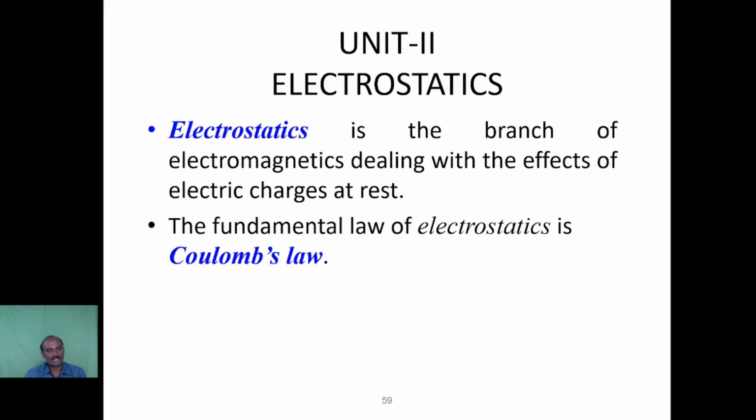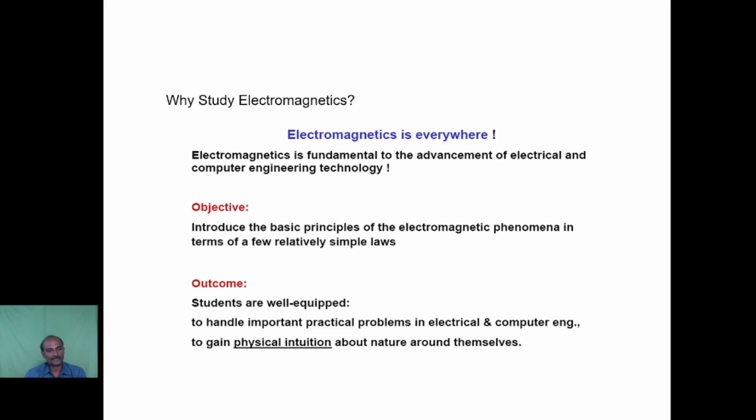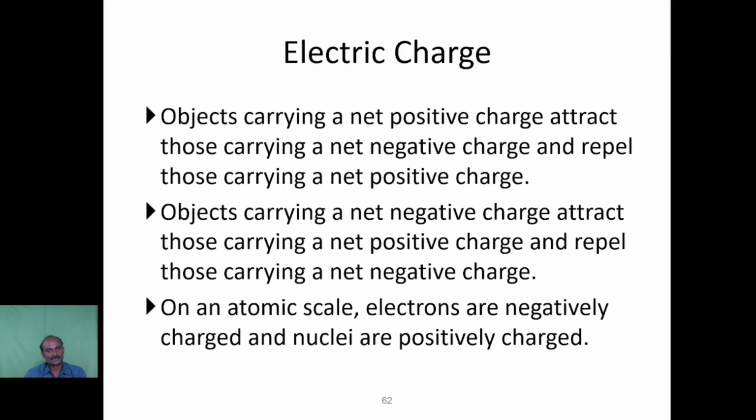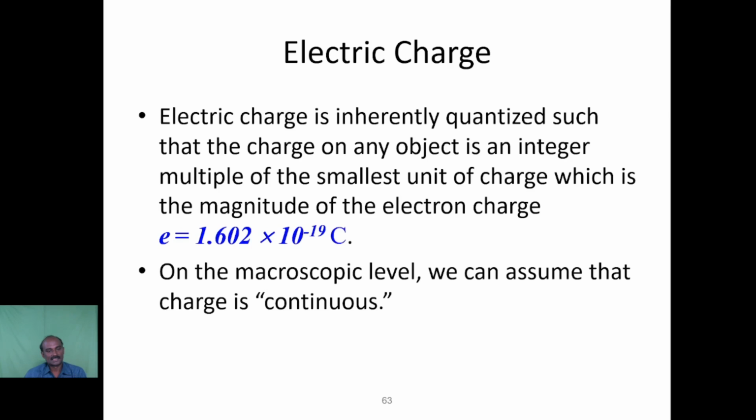Electrostatics is the study of electric fields. Here the fundamental law is Coulomb's law. Electric charge, positive and negative charge, the charge of an electron.